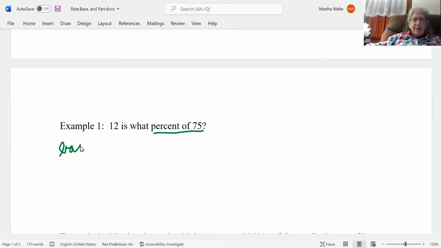So the base is 75. 12 is not a percent, so it must be the part. And the rate is what we don't know, and we'll call it X. That way we know what it is we don't know.